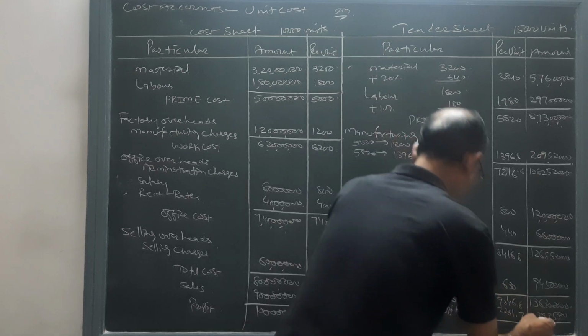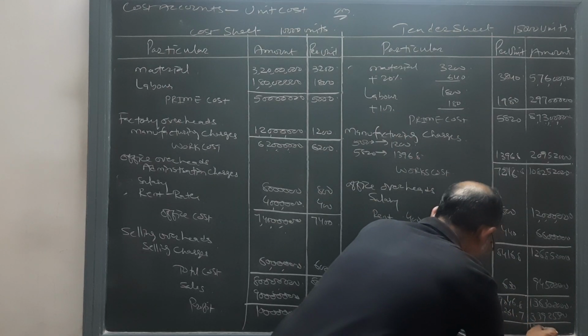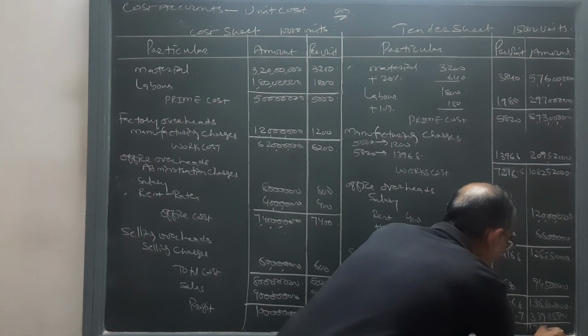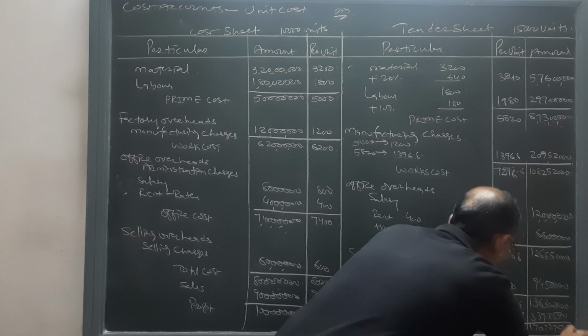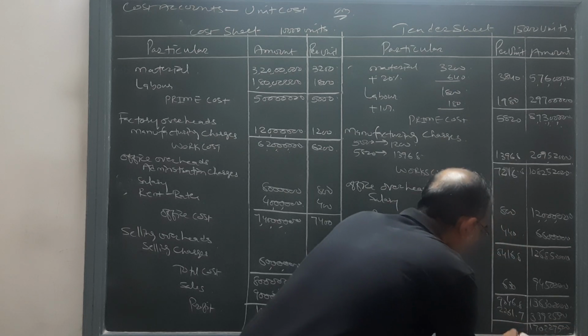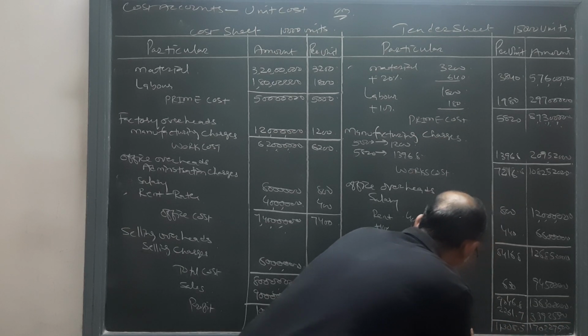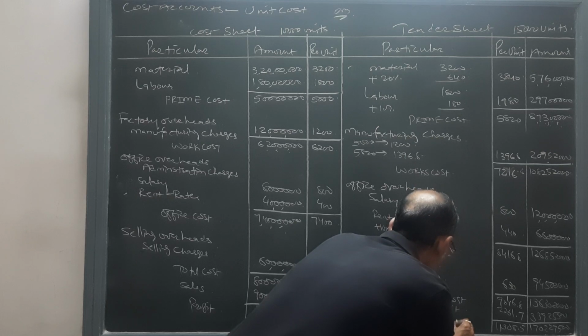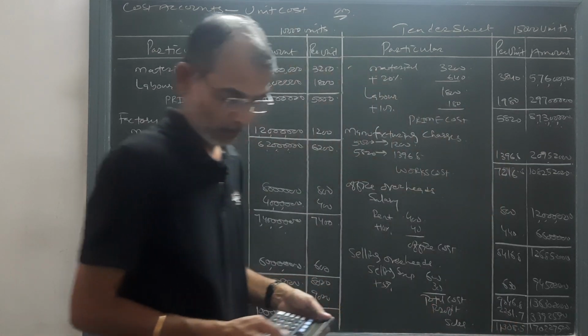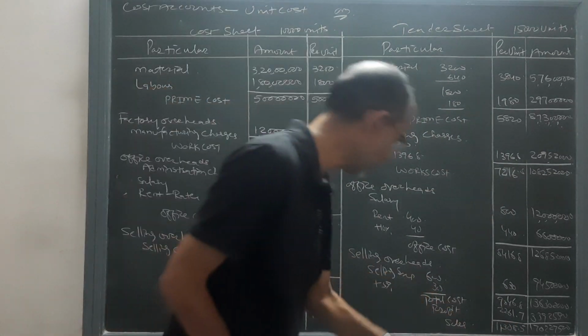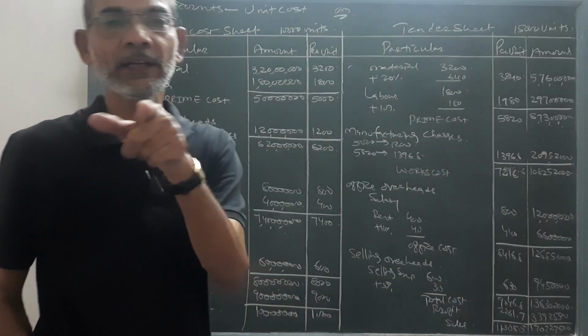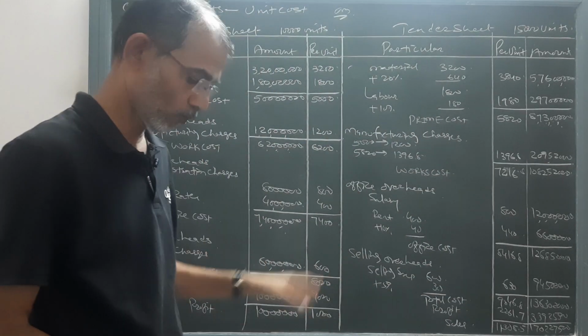So 17 crore 2 lakh 27,500 will be the total sale, and per unit sale will be 11,308.51.